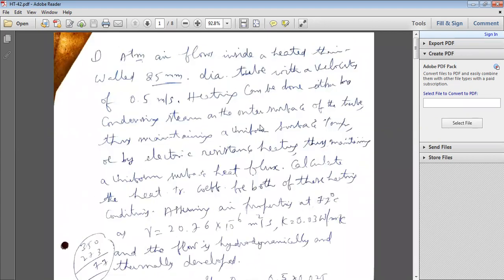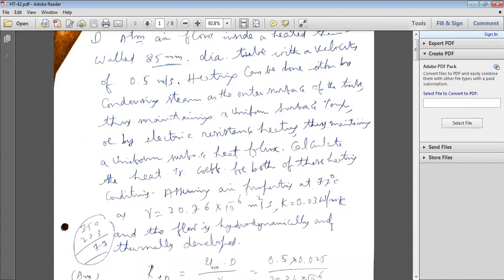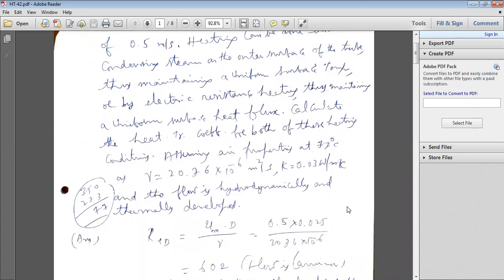But if he gives the air temperature and the surface temperature, you have to take the properties at the mean temperature. You have to calculate the average of those two temperatures.